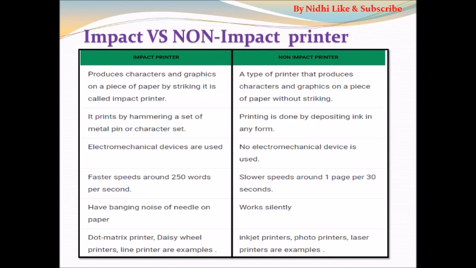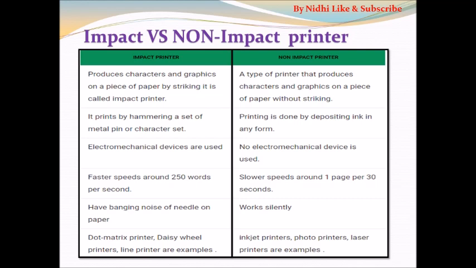Third point is, in impact printers, electromechanical devices are used, whereas in non-impact printers, no electromechanical devices are used. Next point, impact printers have a faster speed, around 250 words per second, whereas non-impact printers are slow in speed and print around 1 page per 30 seconds.